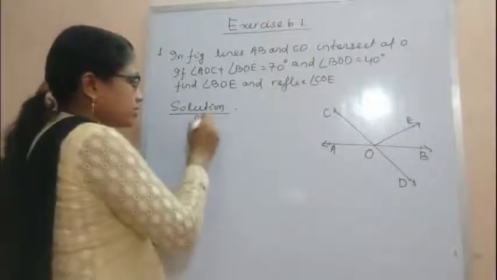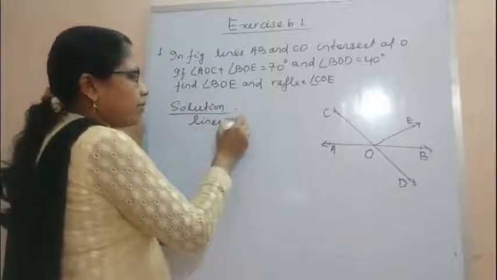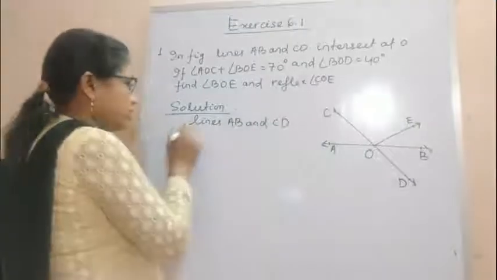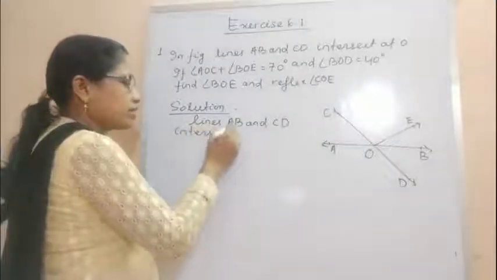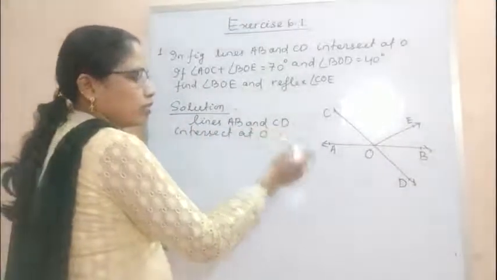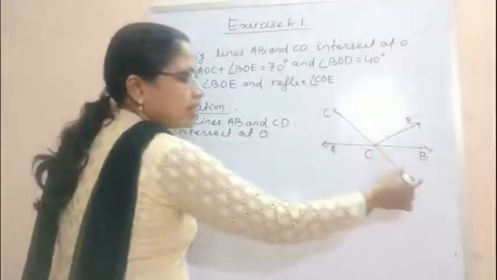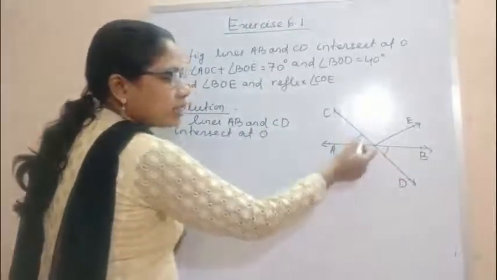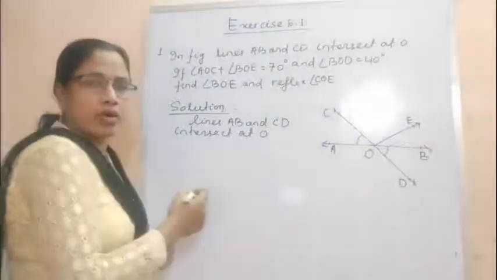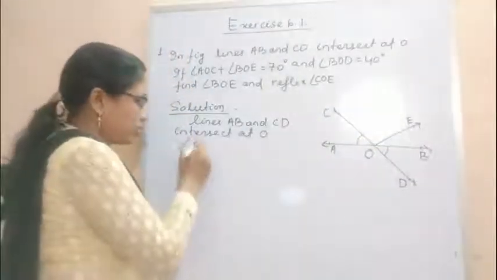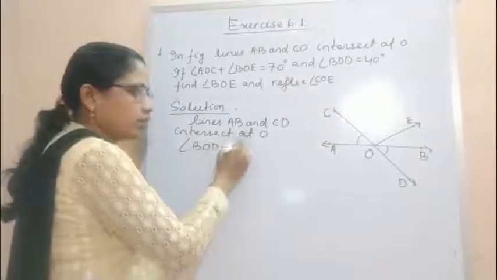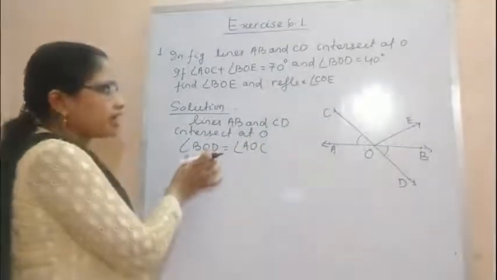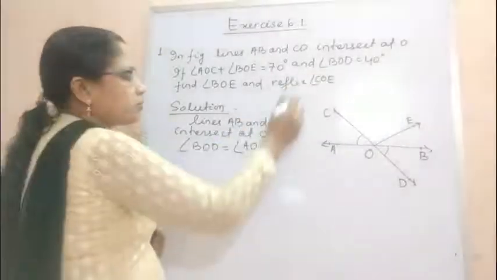Lines AB and CD intersect at O. So angle BOD is equal to angle AOC, and it is given that angle BOD is 40 degrees.